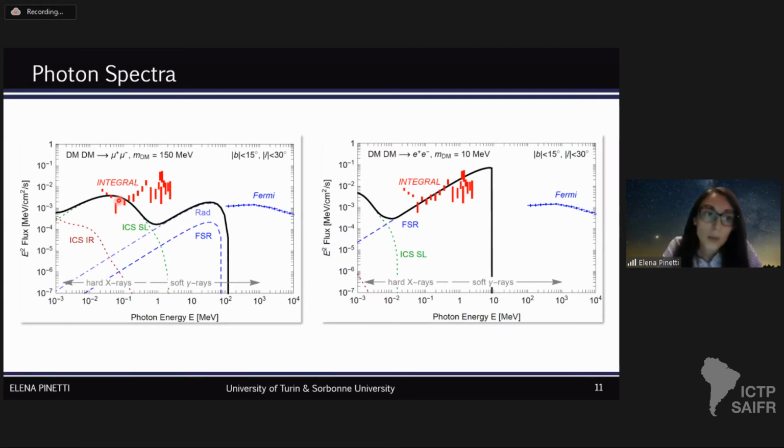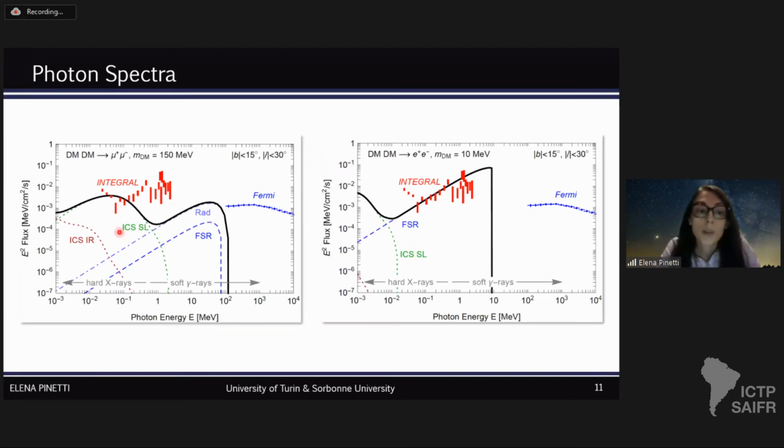In the left panel, we have the case of dark matter particles with a mass of 150 MeV, which annihilate into muons. They can produce gamma rays, which fall shortly before the Fermi data, but they can also produce a signal in X-rays, which fall precisely in the energy window covered by the INTEGRAL Space Telescope.